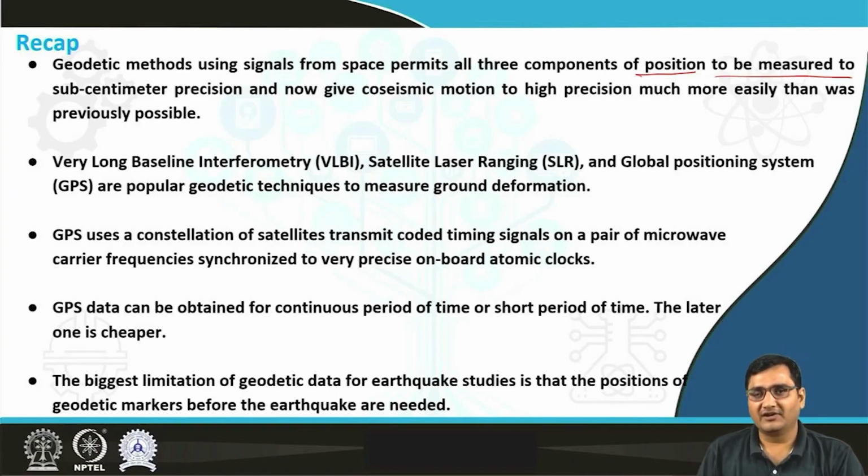In the continuous mode you keep the instrument at a place for a longer duration, and in the survey mode you visit the site after some time and then take out the instrument after you are done. The latter one, the survey mode, is cheaper. The biggest limitation of geodetic data for earthquake studies is that the positions of geodetic markers before the earthquakes are needed.